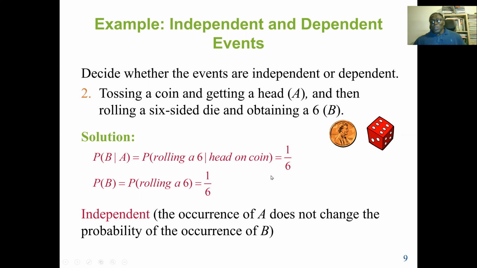The first one will be 1/6 because probability of rolling 6 given a head on the coin will be 1/6, because we have 6 sides in a die and we want to roll 6. So 6 is only 1 of 6 sides. So it will be 1/6.